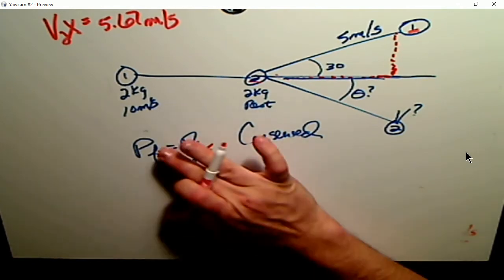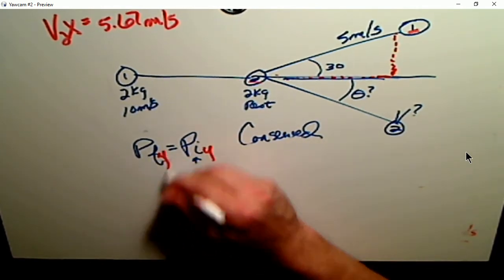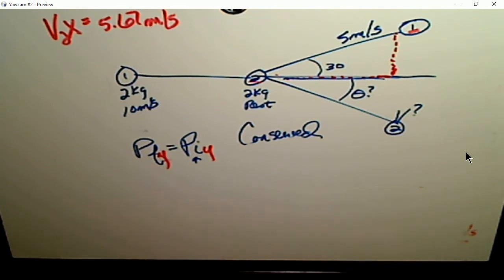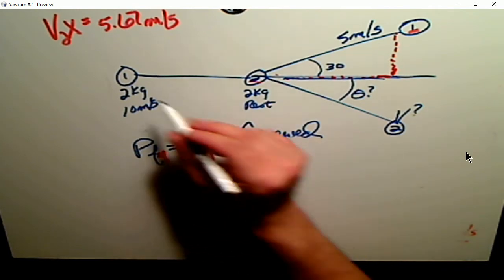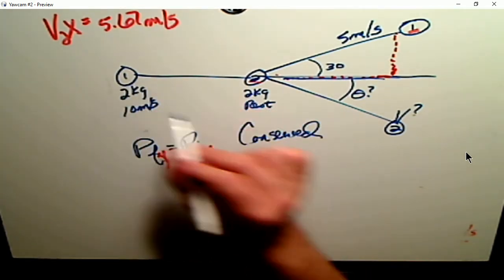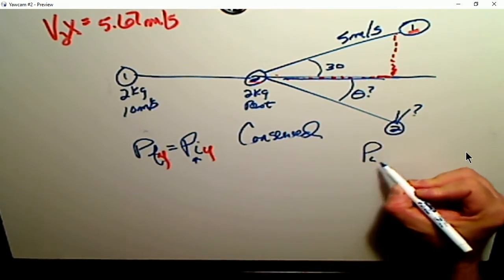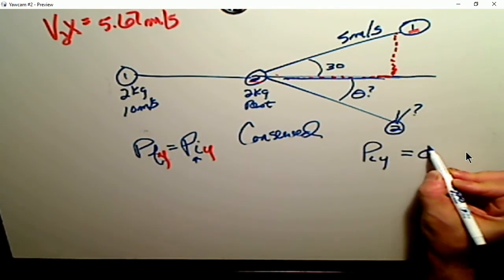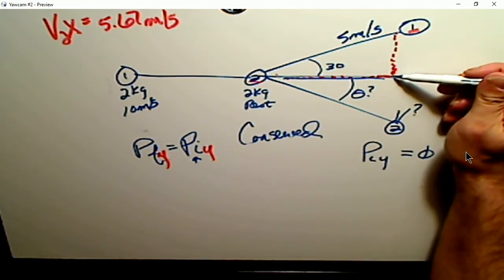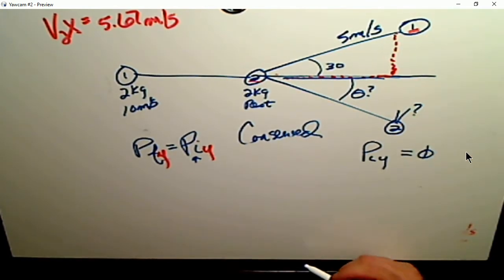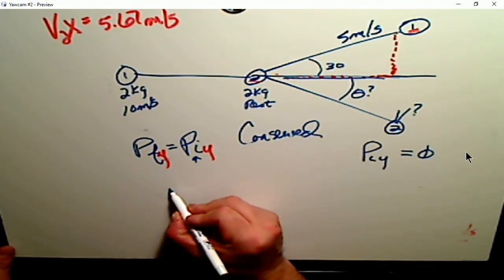Now, what's happening in the y direction? Well, the initial in the y direction is what? There's nothing happening in the y direction. The momentum initial in the y is equal to 0. So whatever is happening positive must negate whatever is happening, and the addition of these two must equal 0.